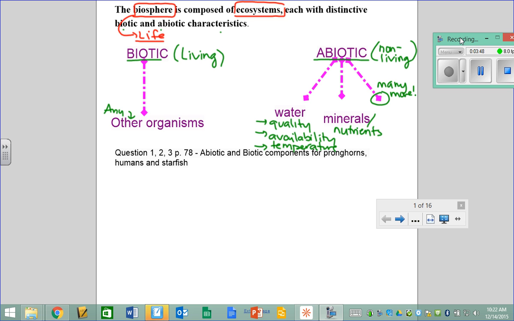But what we're going to do is we're going to take three organisms: pronghorns, humans, and starfish. And we're going to see if we can consider for each of these organisms what would be some abiotic factors and what would be some biotic factors that would affect their survival.